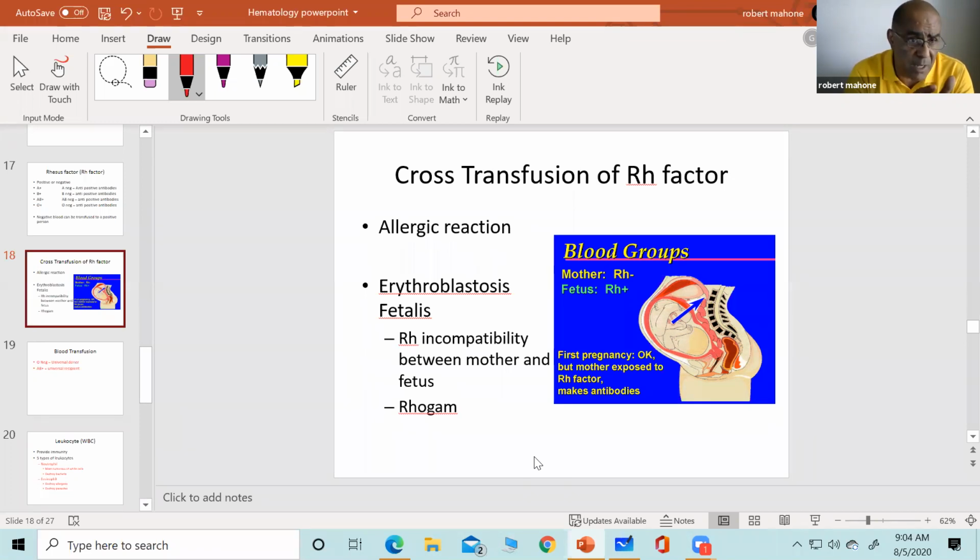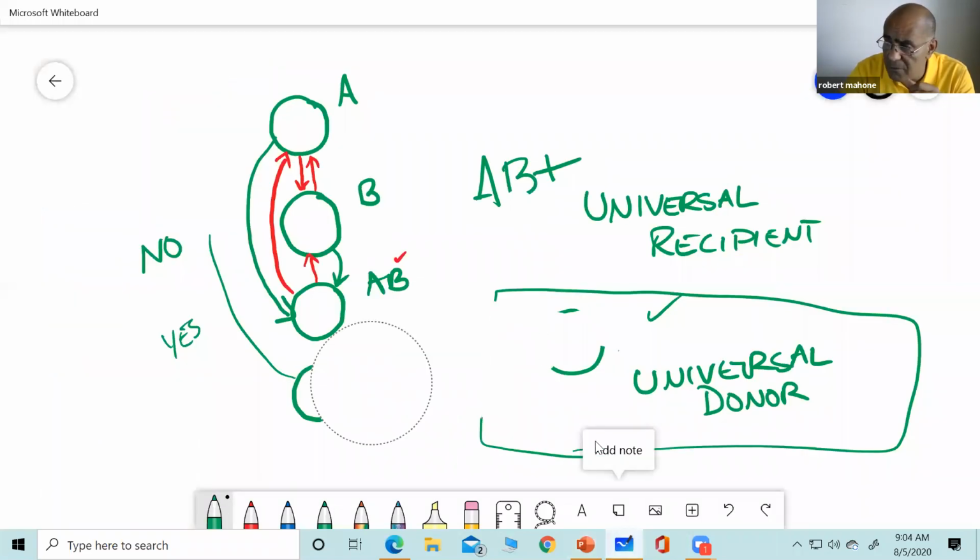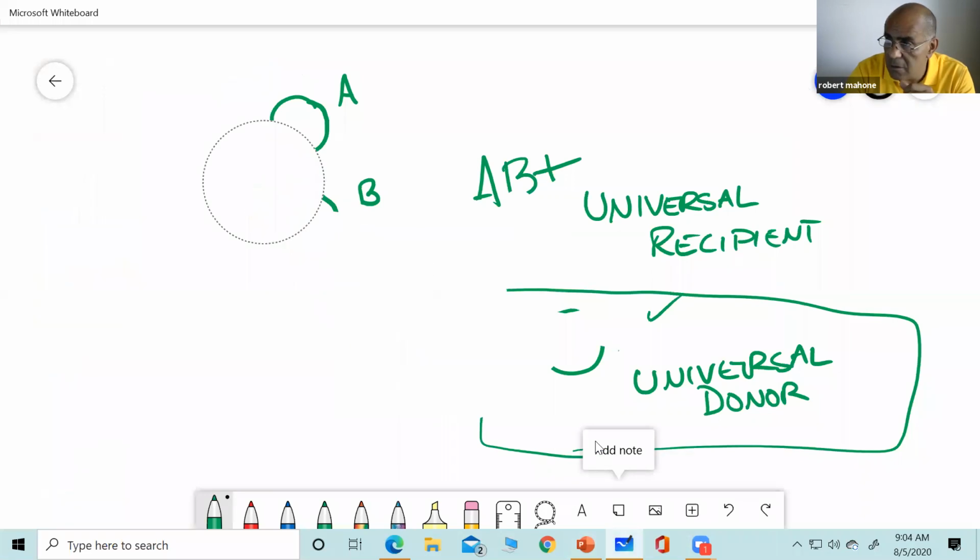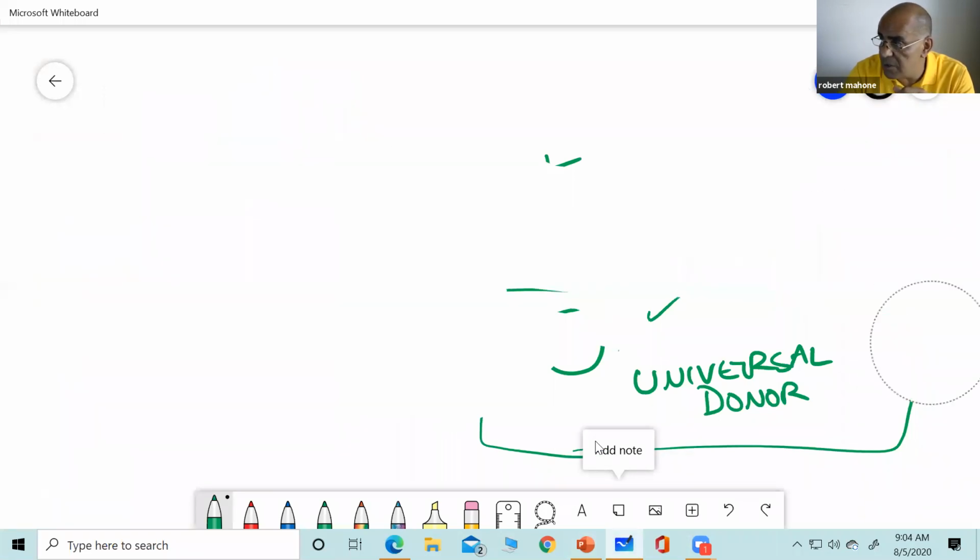The mother's type A, the baby's type B. It's not going to be a problem, unless there's a problem with the placenta. In other words, it's an abnormal condition. Other than that, the mother's blood type does not have to match the baby. However, the RH factor can be an issue.